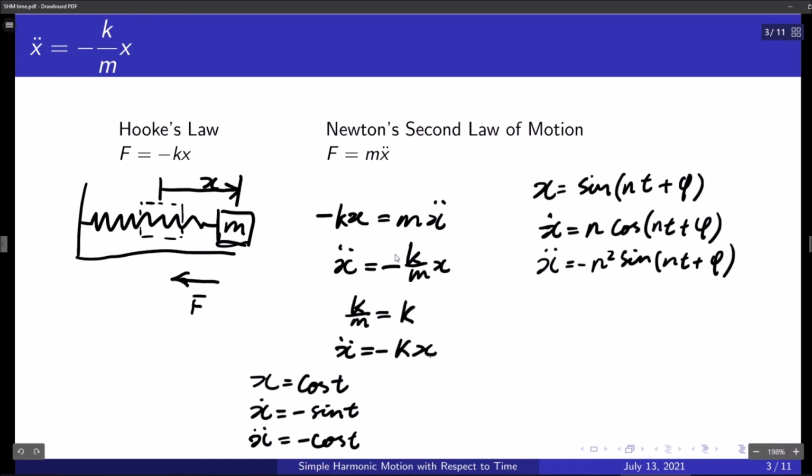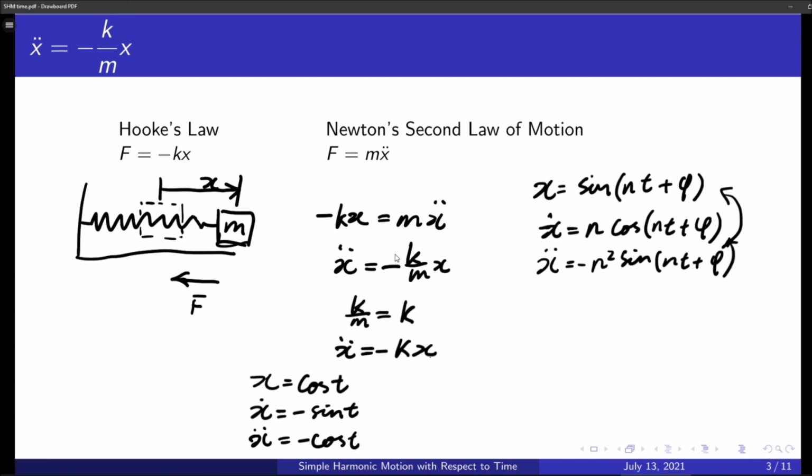So as you can see here, because n is a number, the second derivative is still negatively proportional to the original function.